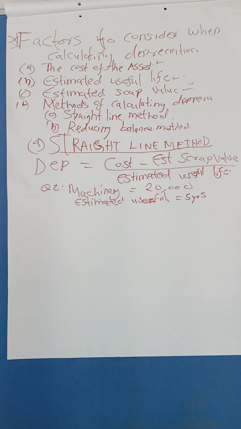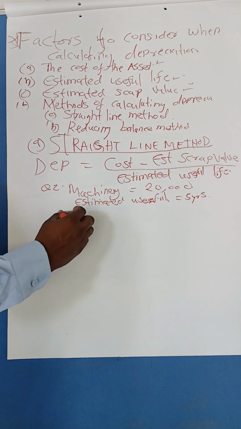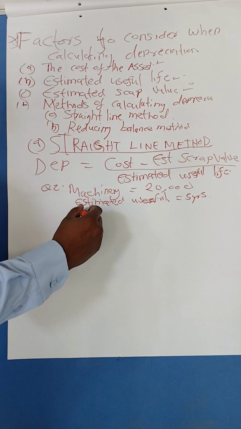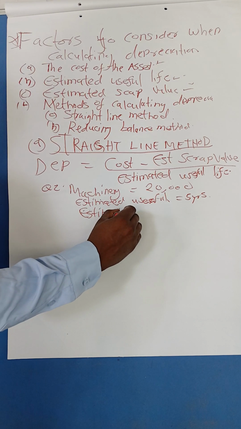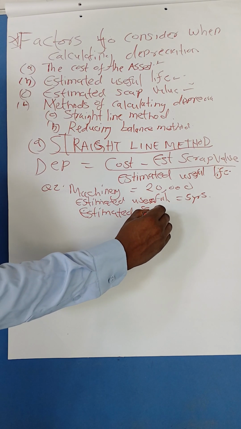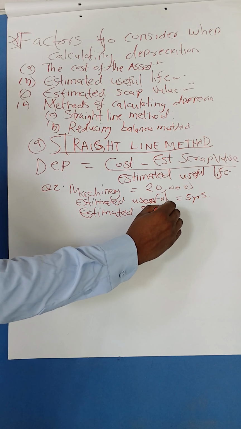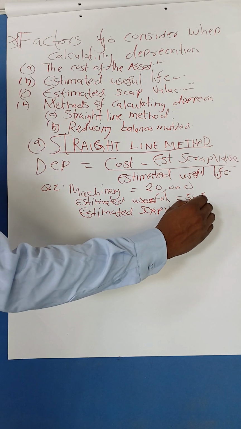After it has been used in the farm, it is estimated to be sold at around 10,000. So the estimated scrap value, we have been told it will be sold at 10,000.